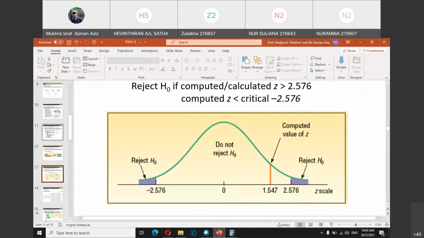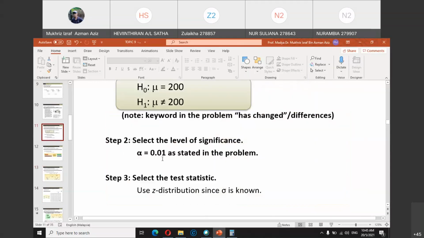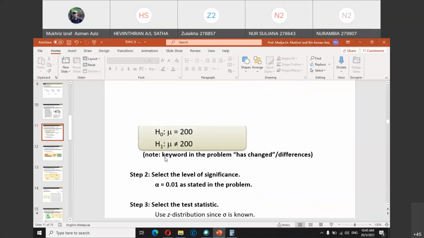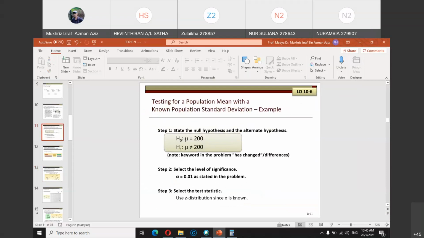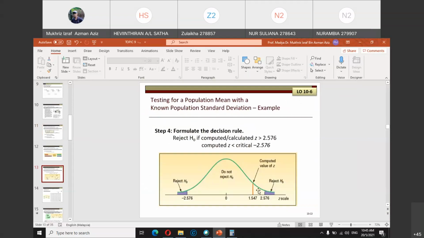Because alpha is 1%, and because it's a two-tail test, you need to divide the alpha into two parts, one on the left, one on the right. But the main thing is that the area which is not highlighted here is equal to 0.99, correct? Because it's symmetric, you can cut the graph into half, just like in your confidence interval.